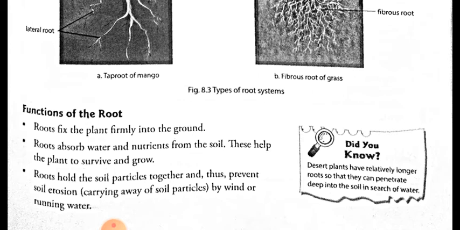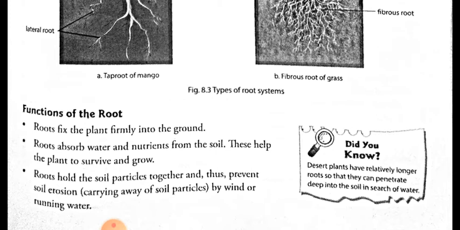Third function of roots was to hold the soil particles together to prevent soil erosion. What is soil erosion? Soil erosion is the process of washing away of the top layer of the soil by the action of wind or water. You can write: soil erosion is the process of removal of the top layer of soil by the action of wind or water.